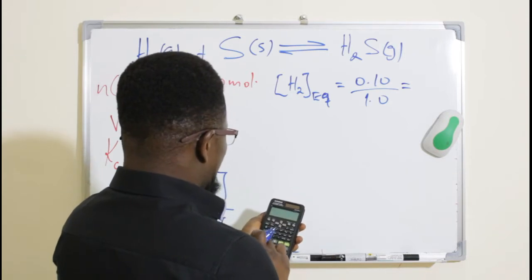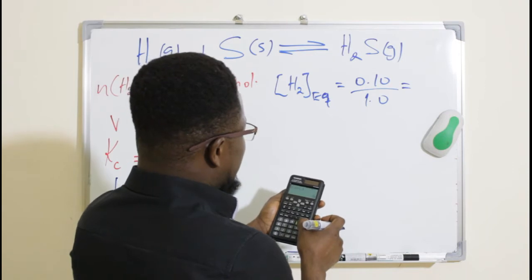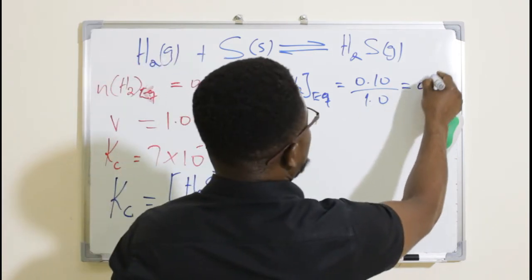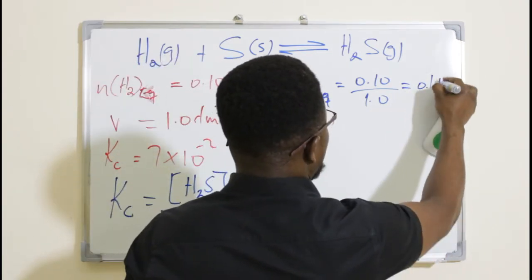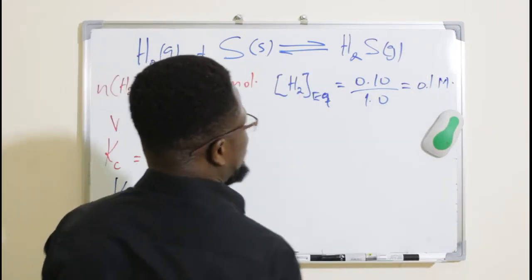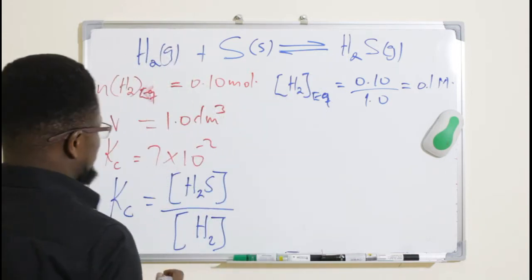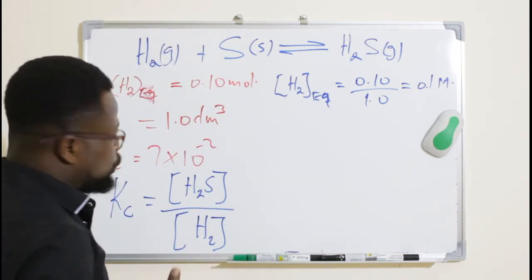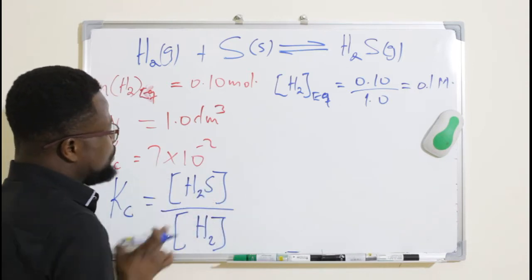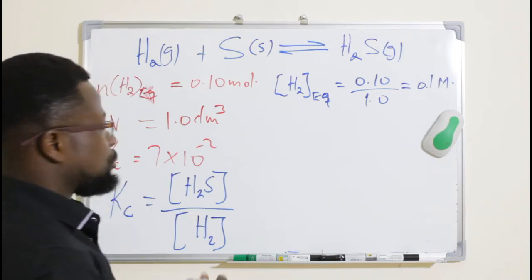This is 0.10 divided by 1.0, and that is giving us 0.1 molar concentration. So that is the concentration at equilibrium for the hydrogen gas. So I will go straight to substitutions, and then make H2S the subject of the relation, and solve for the concentration.